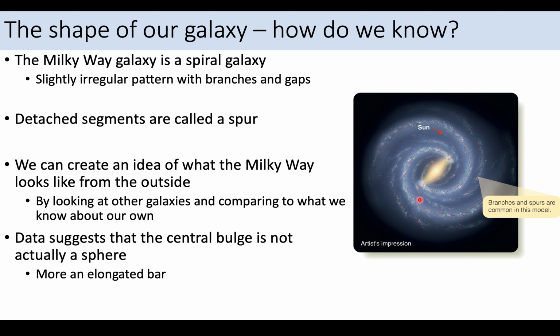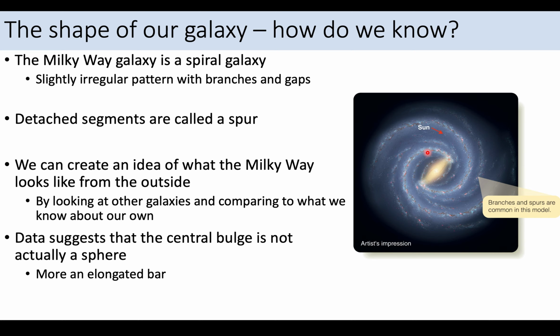You'd expect a perfect spiral to have two bands, but we have all these other smaller side bands that are still important, but make us not a perfect spiral. These extra detached segments, we call spurs, or you might hear them called branches or secondary branches. That is an area similar to the spiral band that is not the main spiral band.